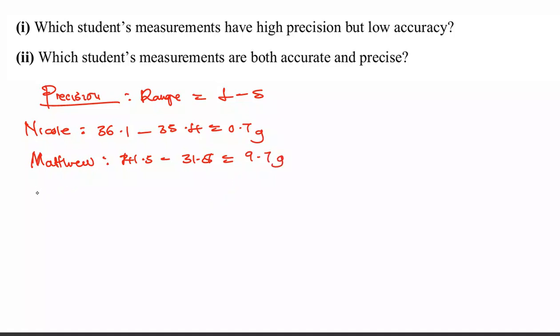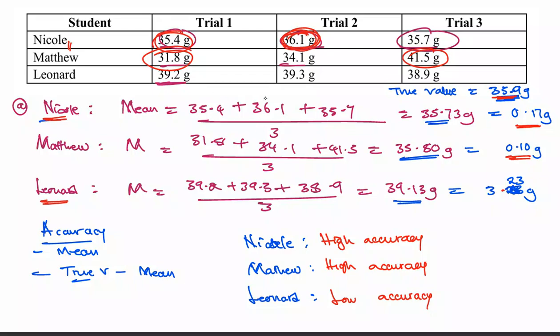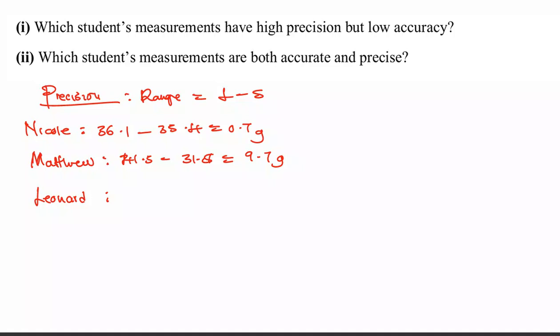Then when you go to Leonard, you're going to find that the largest value is 39.3 and the smallest is 38.9. So you subtract those values: 39.3 minus 38.9, and you get the value of 0.4 grams.